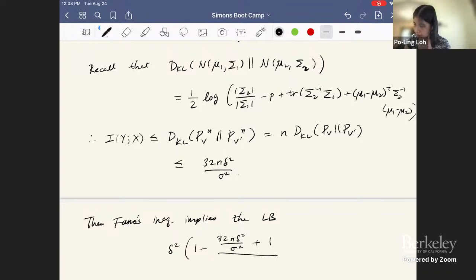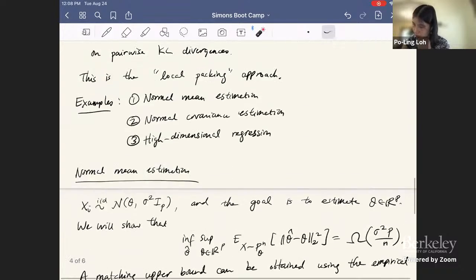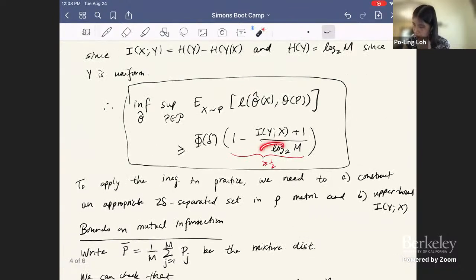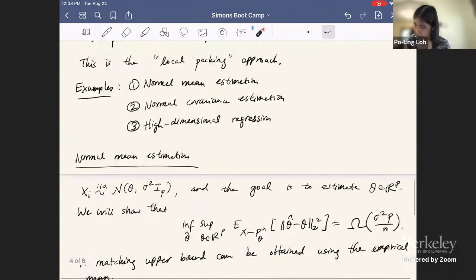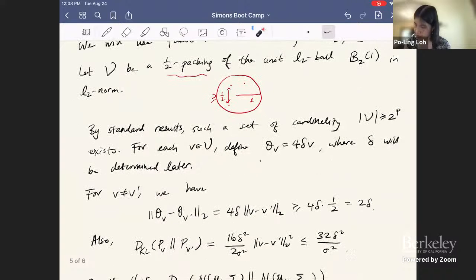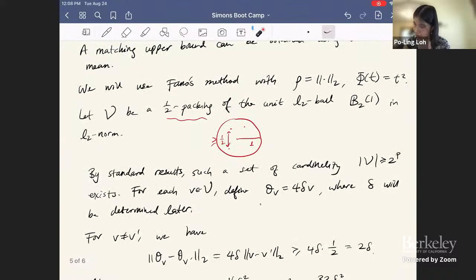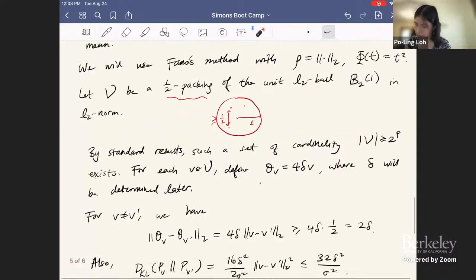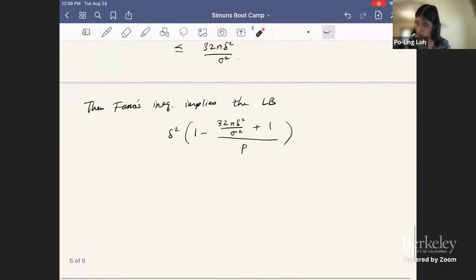And then we divide by the log of M, which is going to be equal to p. Okay, so let me just scroll up again to remind you. Well, in Fano's bound, we have a log base 2 of M. M is the cardinality of the set. And I said that there exists a packing which has size at least 2 to the p. So log base 2 of that is just p.